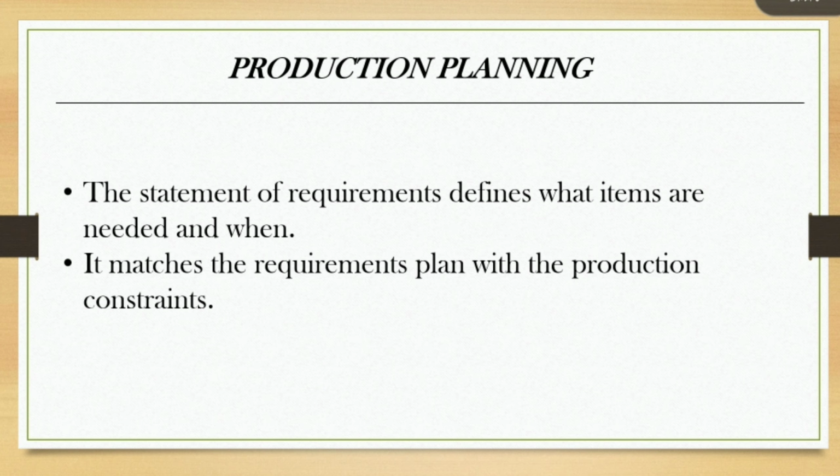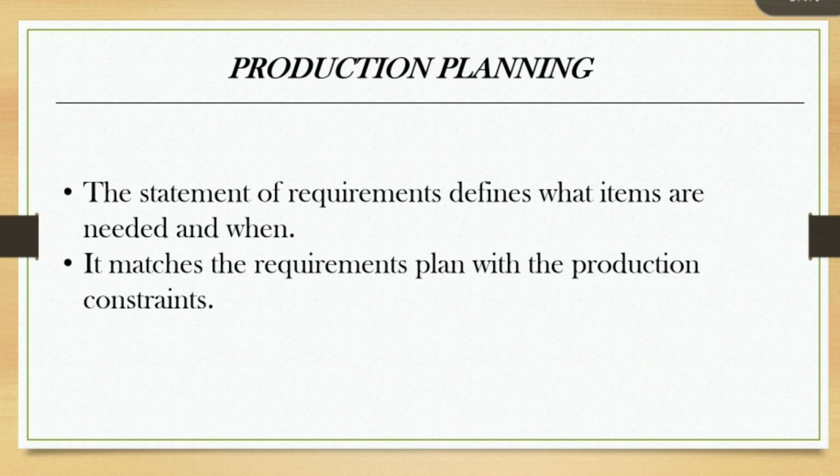Next is production planning. The statement of requirements defines what items are needed and when. Production planning ensures materials, equipment, and employees are available to meet the production goals for a business. Kasama na rin dito yung production scheduling. Production planning is also a detailed plan kung paano maaabot ng company yung kanilang production goal at kung gaano katagal.